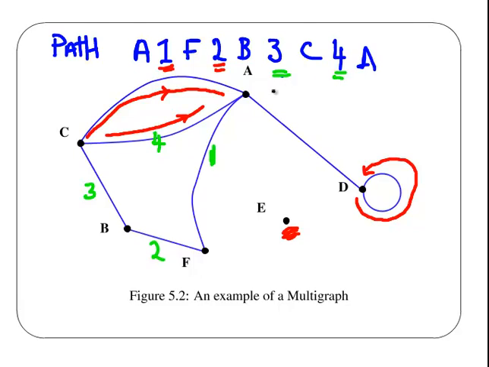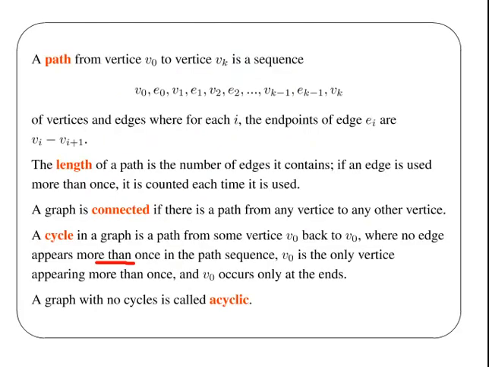Okay. So the next point we are going to talk about is that a graph with no cycles is acyclic. Now, up in the corner here, I'll just draw an example of an acyclic graph. So we have an edge from there to there, and an edge from here to here, and another one from there to there.